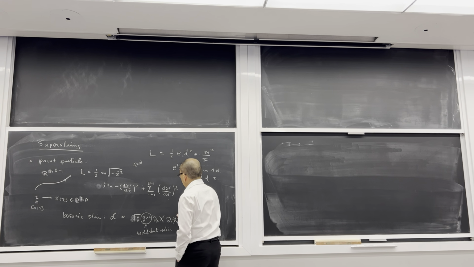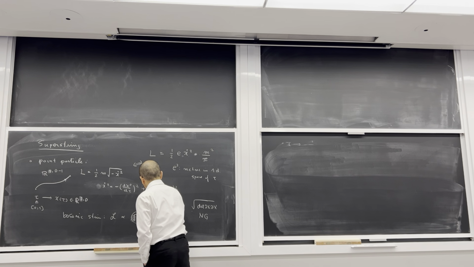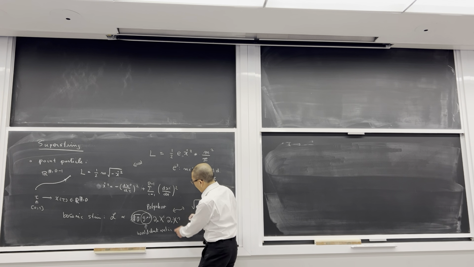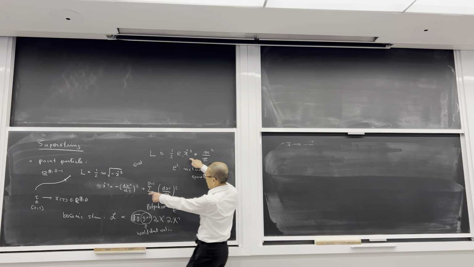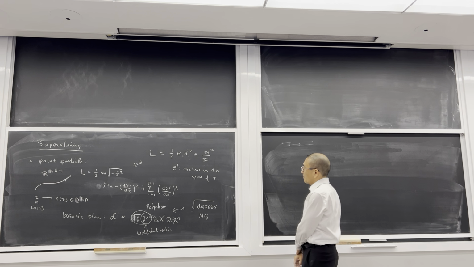And if you eliminate this by the equation of motion, you obtain the square root of the determinant of del x. So this is the Nambu-Goto action, and this is the Polyakov action. You can relate them by integrating out the metric. Similarly, you can think of this as the analog of the Nambu-Goto action.